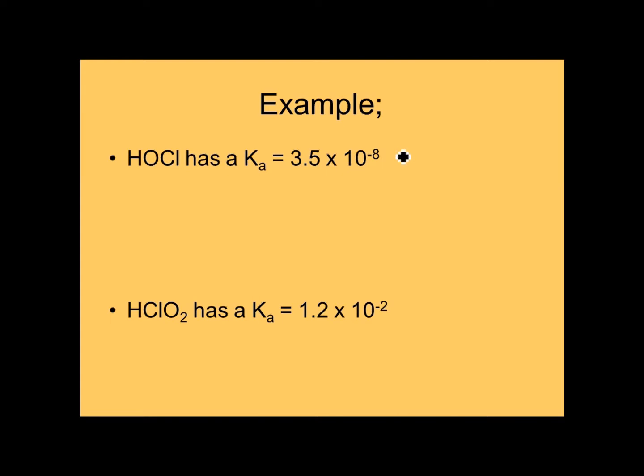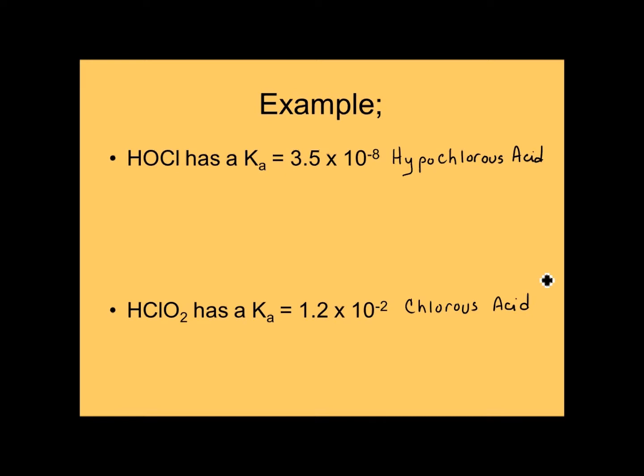The first one is called hypochlorous acid. It is an oxyacid made from the hypochlorite ion. Then the second one is chlorous acid. It is also made from an oxyanion.